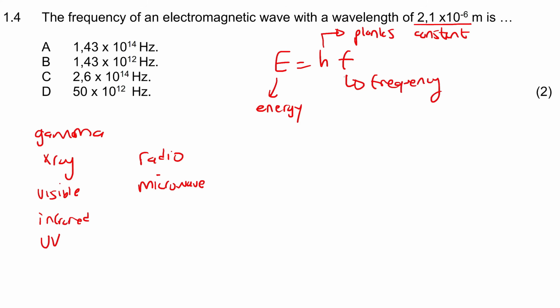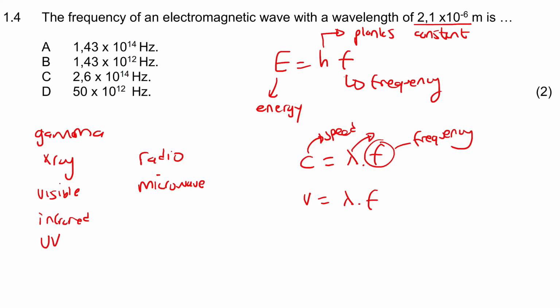And then the other formula we have is c equals the wavelength multiplied by frequency. Your teacher might use a different letter, instead of a c, some teachers use v, but they're both the same thing. So this over here is the speed, this here is frequency, and then this here is wavelength.